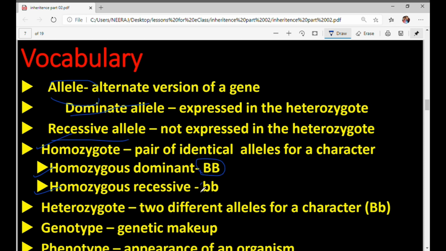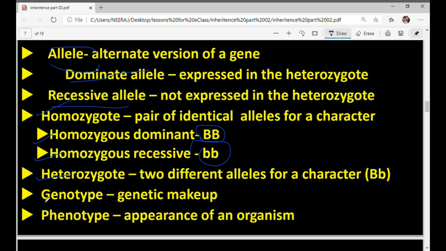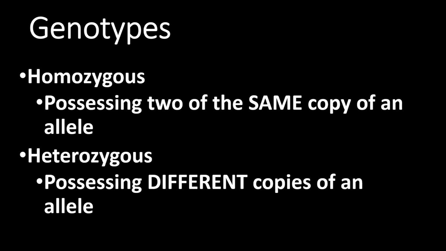Homozygous dominant can be denoted by the uppercase B, and homozygous recessive can be expressed by the lowercase b. Heterozygote: the two different alleles for the character, represented by one uppercase B and one lowercase b. Genotype: the genetic makeup. Phenotype: the appearance of an organism.